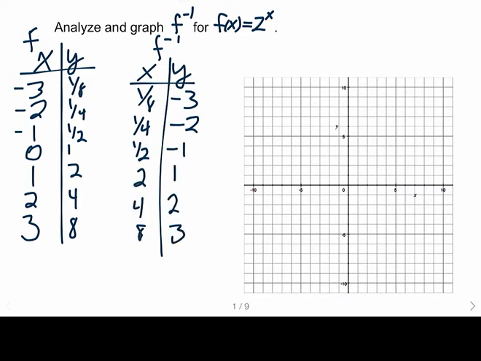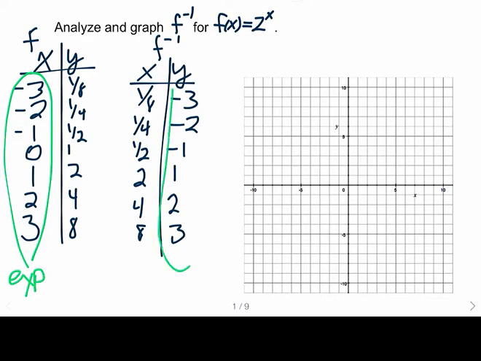And so on, up to 4 mapping to 2 and 8 mapping to 3. Keep in mind that the inputs for f were exponents, which means that the outputs for f inverse are exponents. It's very important to keep that in mind.